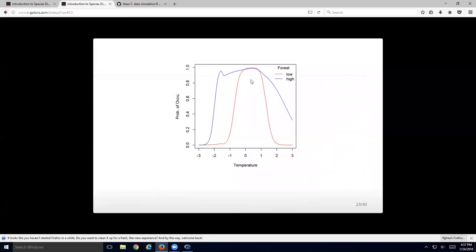The blue line would be higher or lower than the red line, but the difference between them should be constant everywhere. So you just shift the red line above or lower.